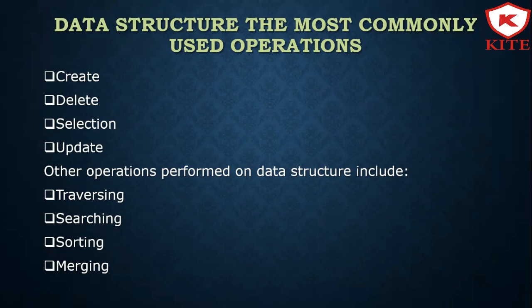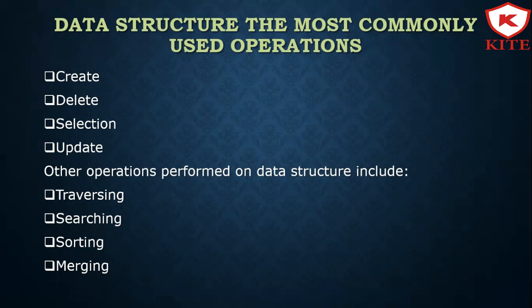The selection operation deals with accessing particular data within the data structure, and the last operation, update. As the name implies, the update modifies the data in the data structure. Hence, in the classification of data structure operations, new data may be entered or previously stored data may be deleted. Now, other operations performed on the data structure include traversing, searching, sorting, and merging.